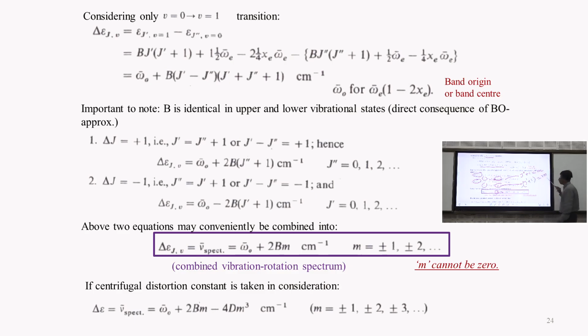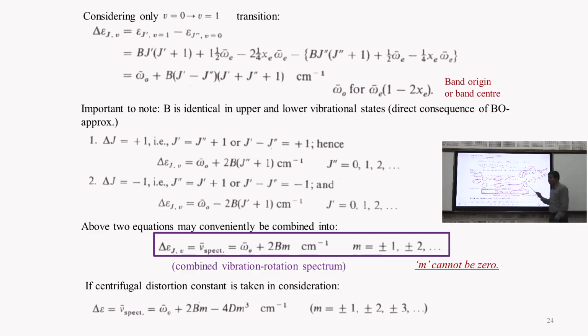So if m is this, your expression is omega 0 plus 2Bm. Now m can be plus minus 1, plus minus 2, but m cannot be 0. Why can m not be 0? If m is 0 here, then J double prime, the rotational quantum number, becomes minus 1, which is not possible. So m cannot be 0.